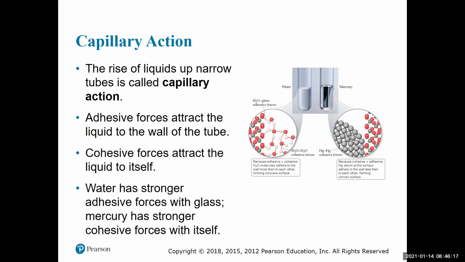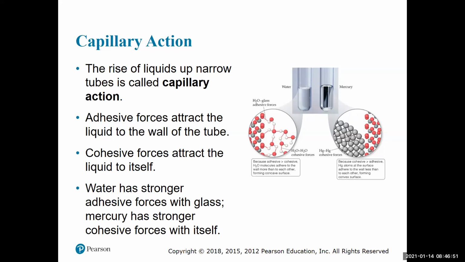It's a little hard to see on the slide, but if you look closely, look at the meniscus on each of these. Water has a concave meniscus, and you probably remember this from lab. And concave means it kind of goes down, right? And so that's because water has a stronger attraction to the glass than it does to the other water molecules. So it kind of goes up the side a little bit more than the middle.